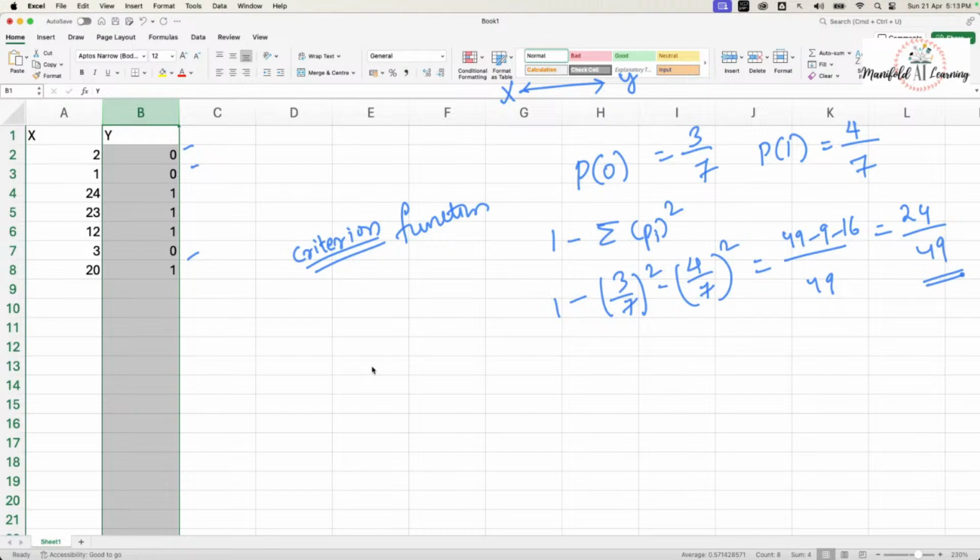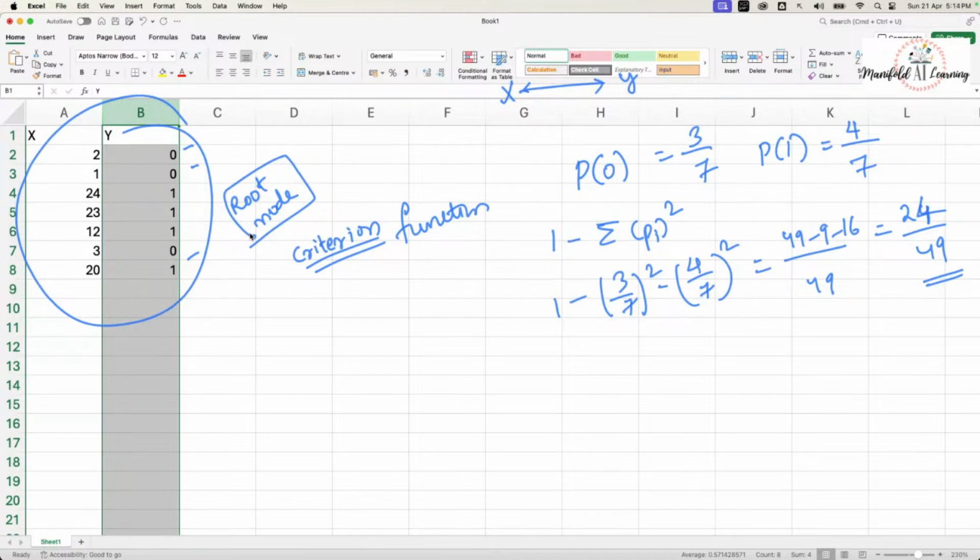This is the value for this given data set, and we call this value for the entire data set the value of the root node.